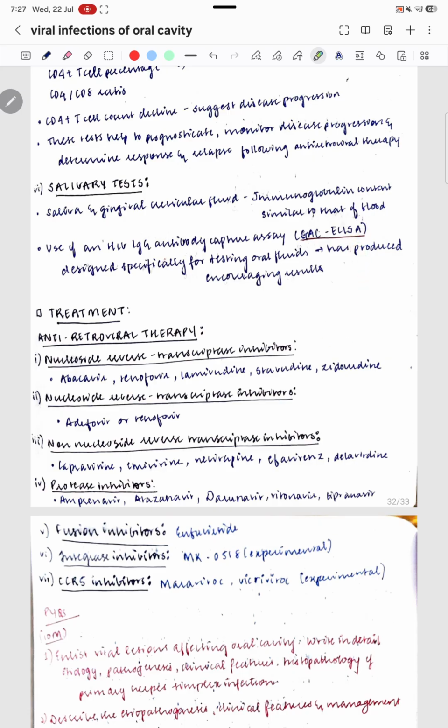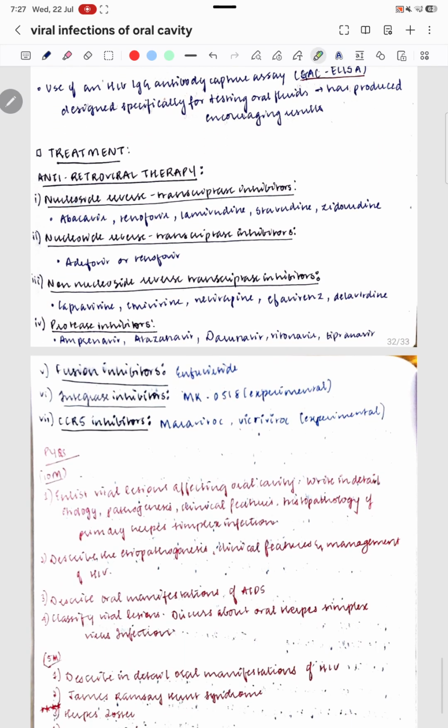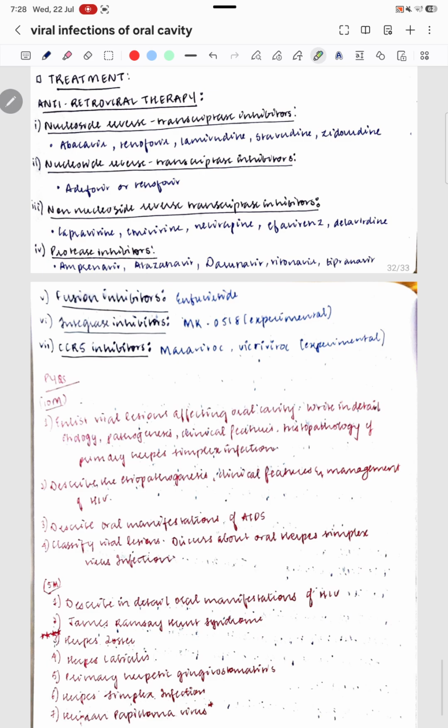Okay. Then the treatment could be a nucleoside reverse transcriptase inhibitor. So in the pathogenesis, we studied that there is something called reverse transcription occurring. So we are going to cut off the reverse transcriptase with a scissor-like thing, that is your inhibitor. Okay, so nucleoside reverse transcriptase inhibitor, nucleotide reverse transcriptase inhibitor, non-nucleoside reverse transcriptase inhibitor, okay, and protease inhibitor.